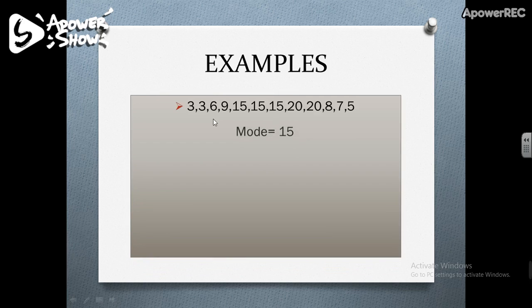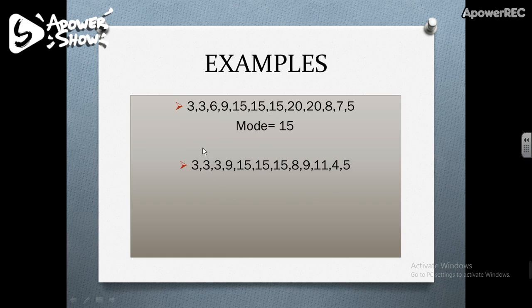Here, this is the first example I am taking. In this set of observations, the number which occurs the maximum number of times is 15. So the mode of this given set of observations is 15. Now let's move on to our next example.